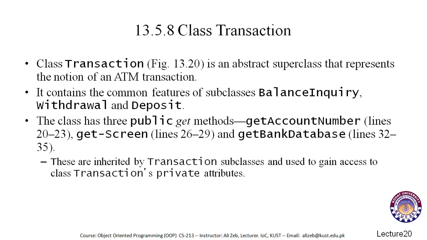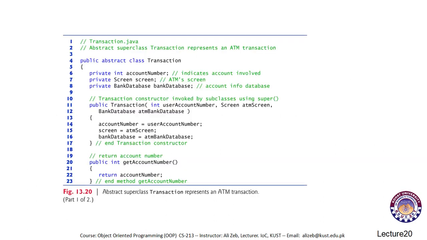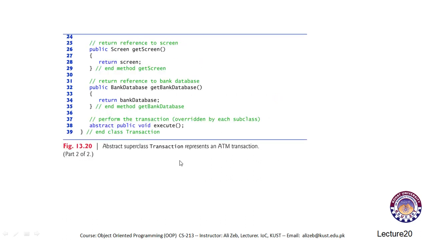These are inherited by transaction subclasses and used to gain access to class Transaction's private attributes, as is always the case with inheritance. So this is our Transaction class, and it has the attributes, the constructor, and the getter methods that it needs.